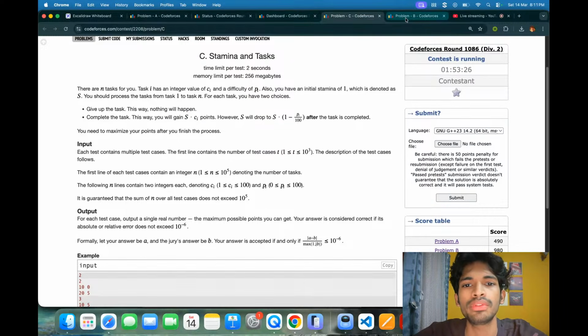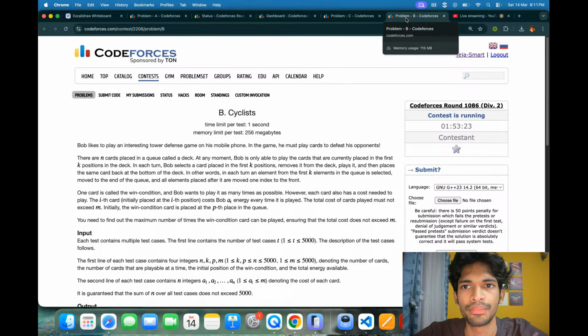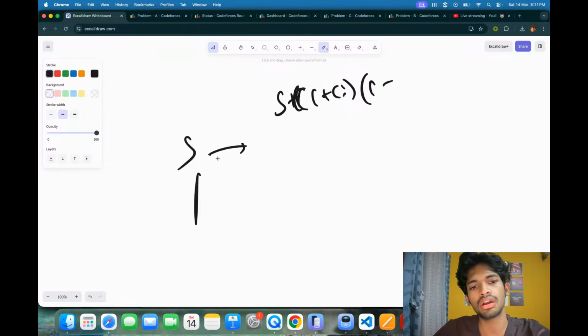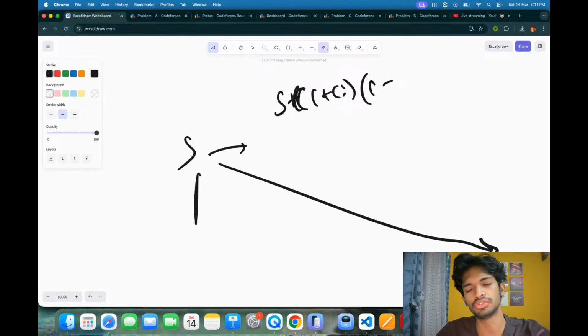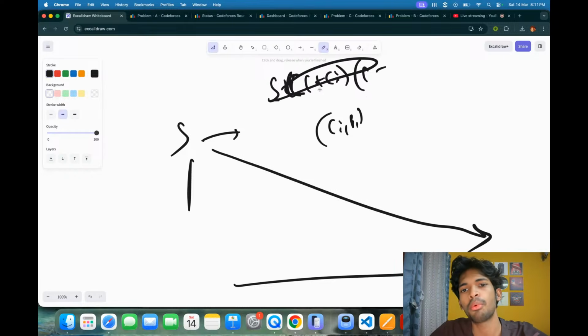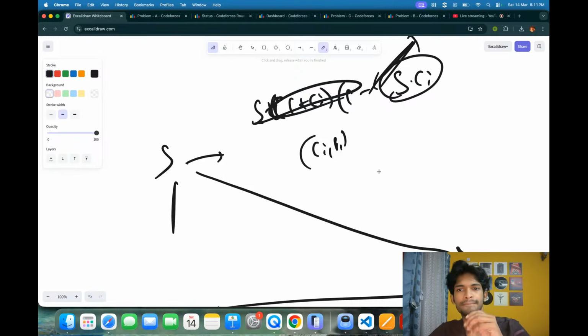Okay, so we have two things here. See clearly, we have two things. Stamina keeps reducing after each time you choose something. With ci and pi, the points you gain will be s times ci. These many points you will gain by choosing this one.